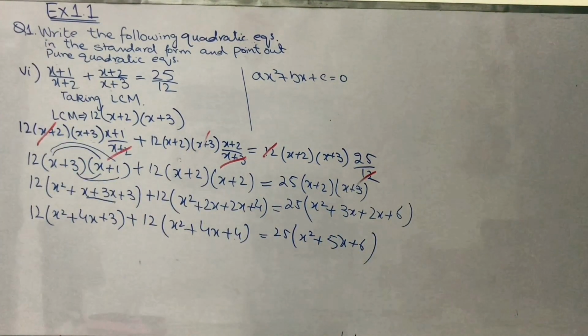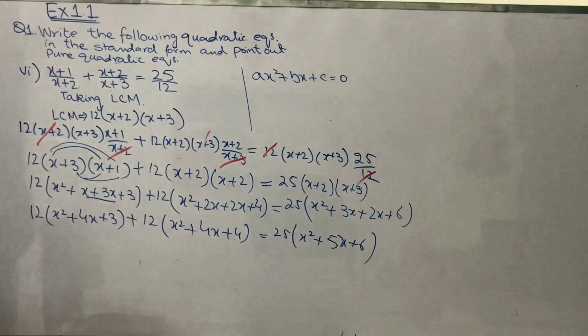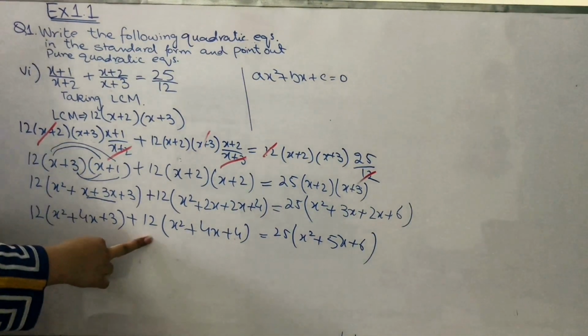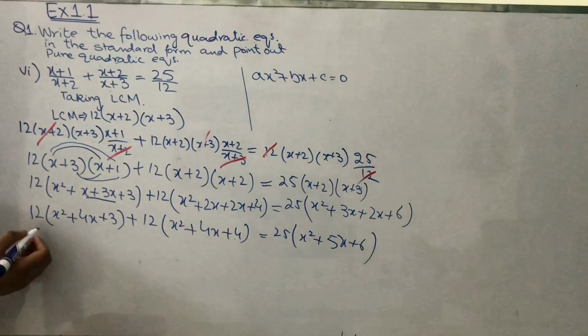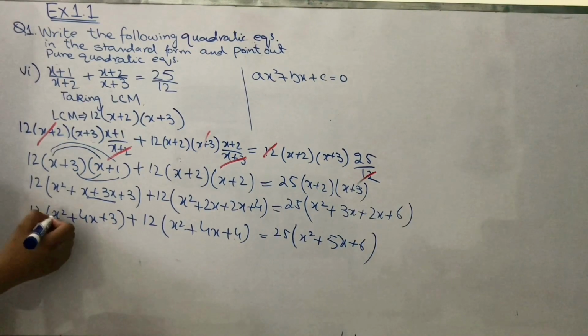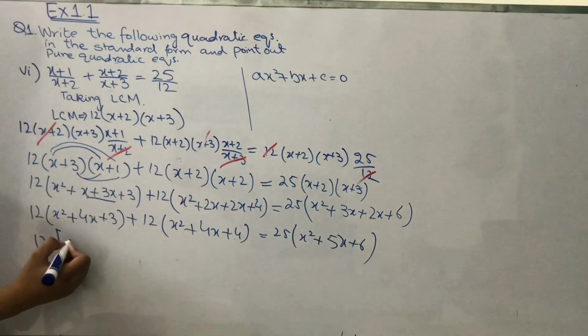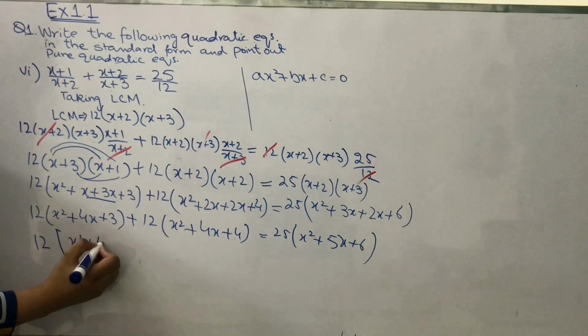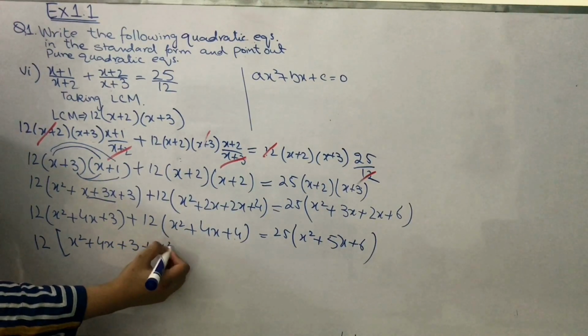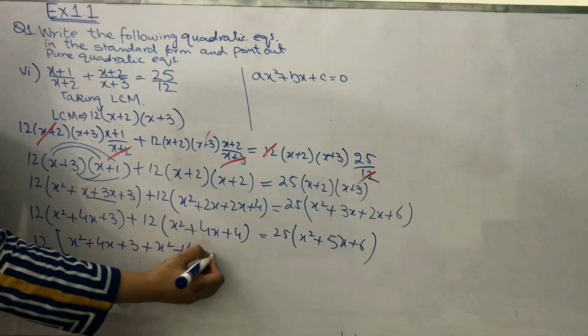Now, both the terms have 12, so we can take 12 as common. And we can write all these terms together: x square plus 4x plus 3 plus x square plus 4x plus 4.